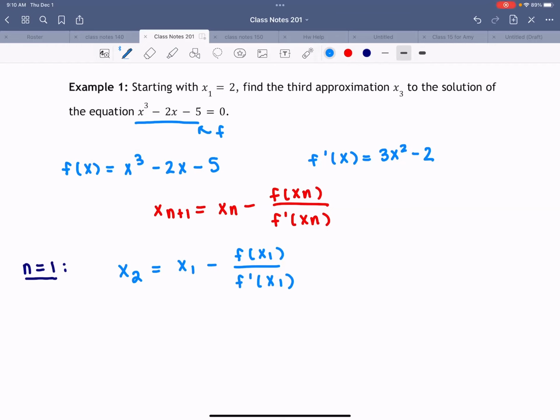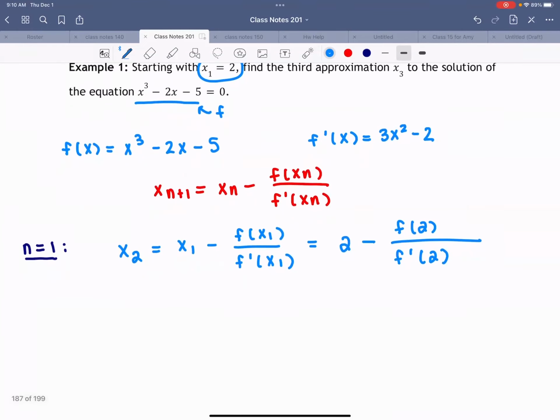All right, what's x_1? It's 2, right? In the question, it says x_1 equals 2. So wherever I see x_1, I'm just going to plug in 2. This is 2 minus f of 2 over f prime of 2. Once we're here, it's pretty easy: I can just plug 2 into f and plug 2 into f prime.